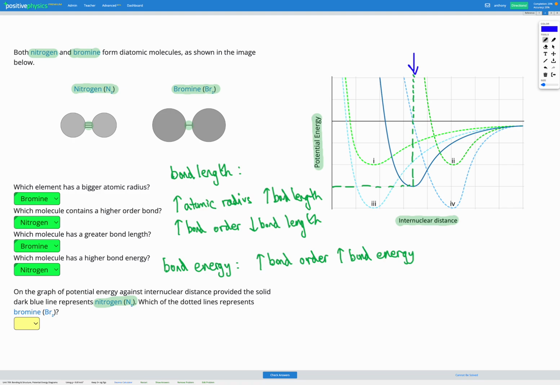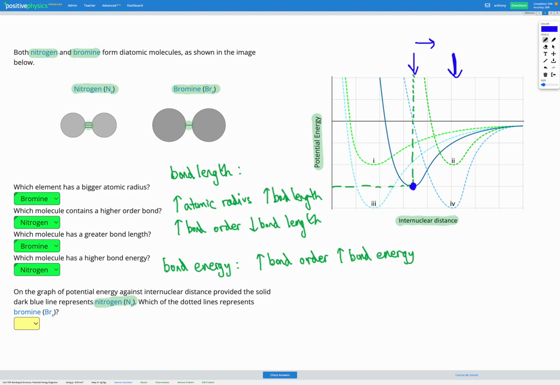The bond length is the position of that peak there on our graph. So if bromine has a greater bond length, we're expecting the peak to be moved this way. So we would think the peak would be somewhere over here. So that's making me think it's either going to be 2 or 4 as our options, since they have the peak further to the right, showing a greater internuclear distance and a greater bond length.